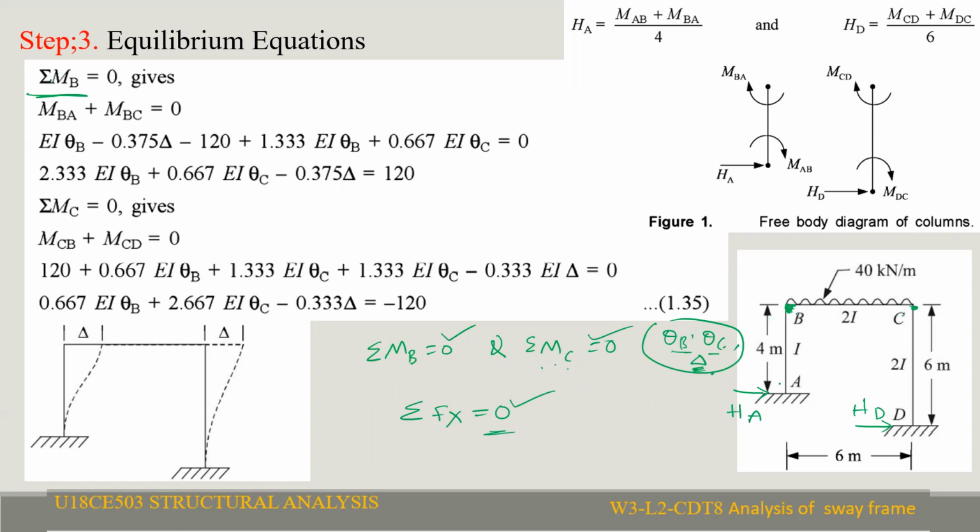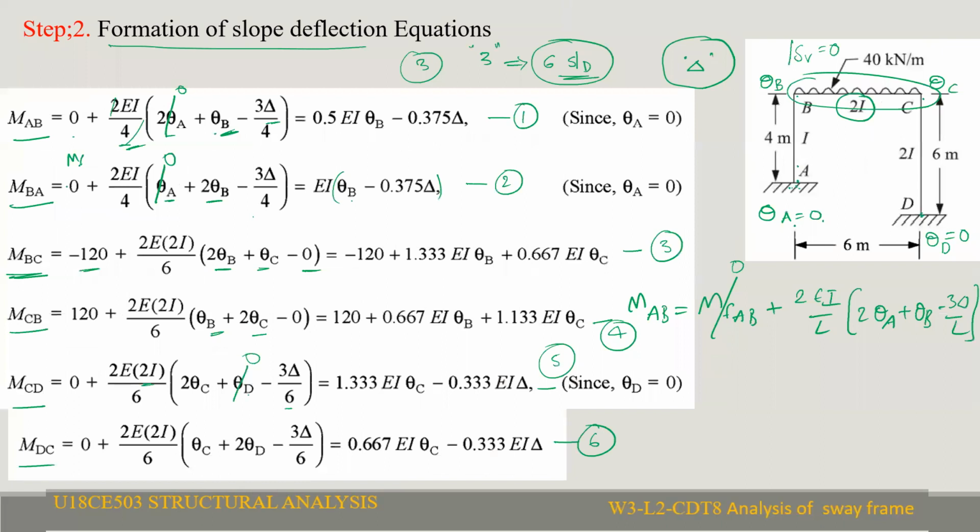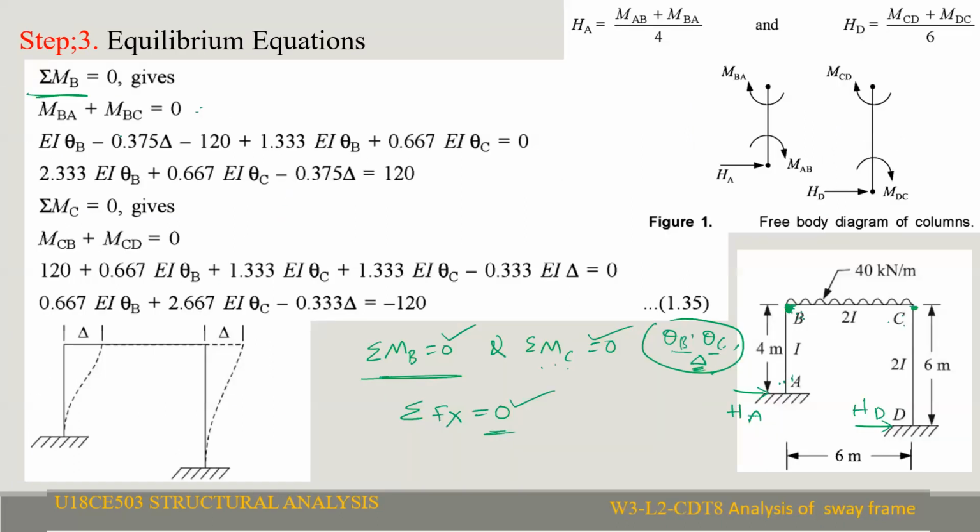So the moment MBA plus MBC will be equal to 0. The summation is nothing but whatever moment is available at B, added and equated to 0. So this is the equation. In step 2 we already calculated MBA and MBC. You add both and equate to 0, and you will develop another equation. Let us say equation number 7.